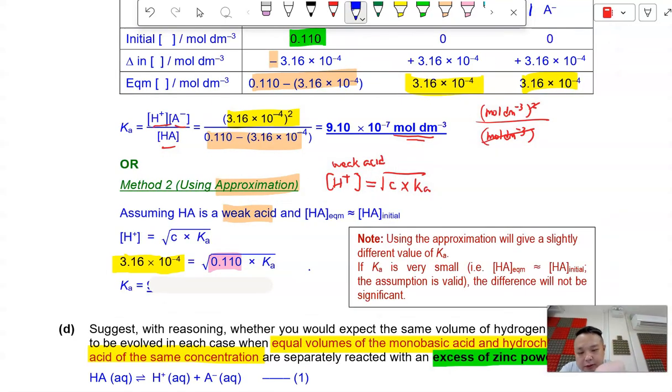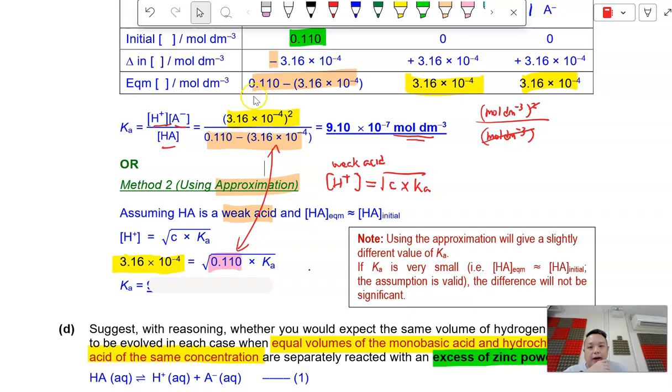So you can see the main difference between method 2 and the earlier method is whether I find the equilibrium concentration of HA. Now, why can I just substitute 0.110 over here? Because I assume that HA is a weak acid, and therefore the HA at equilibrium will be very similar to the initial HA.